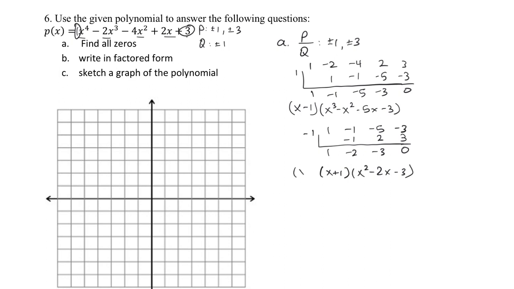So that's going to be x minus 1. So now we have x minus 1 times x plus 1, and then this quadratic, we're going to try to factor it into 2 more factors. If it doesn't, then that means we have to use the quadratic formula. But we can factor this into x minus 3, x plus 1, and then we have x plus 1 and x minus 1. So this is actually the answer for part B.